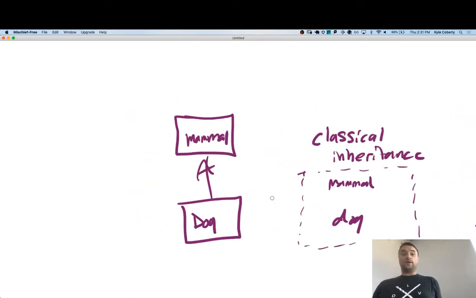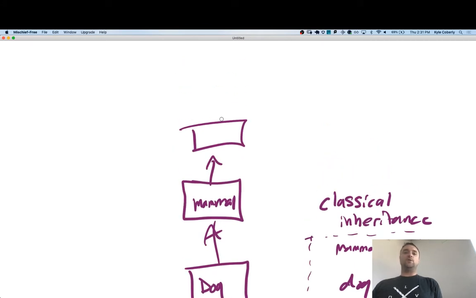The other way you can do this is, if I call a method on dog that isn't defined on dog, I look at its prototype to see if it has it. If that doesn't have it, I look at its prototype, and so on all the way up to object, which is the top level prototype.